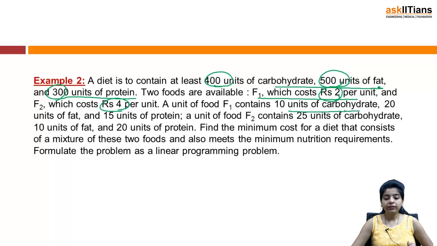A unit of F1 contains 10 units of carbohydrate, 20 units of fat and 15 units of protein, and a unit of F2 contains 25 units of carbohydrate, 10 units of fat and 20 units of protein. Find the minimum cost for a diet that consists of a mixture of these two foods and also meets the minimum nutrition requirements. Formulate the above as a linear programming problem.